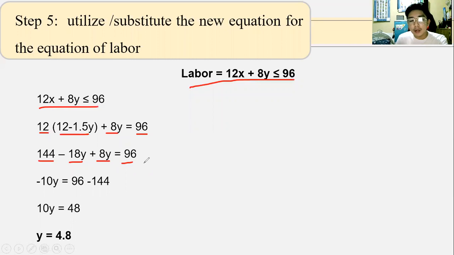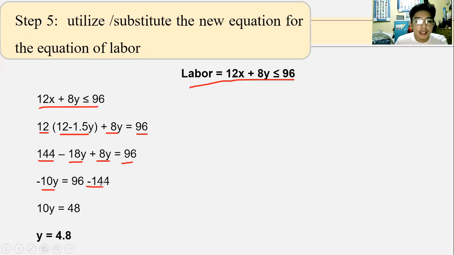The next thing is to combine the common terms: negative 18y plus 8y gives negative 10y. Then 96, just copy it, and the 144 we transpose to this side, so 144 now becomes negative. From that, we simplify the equation.